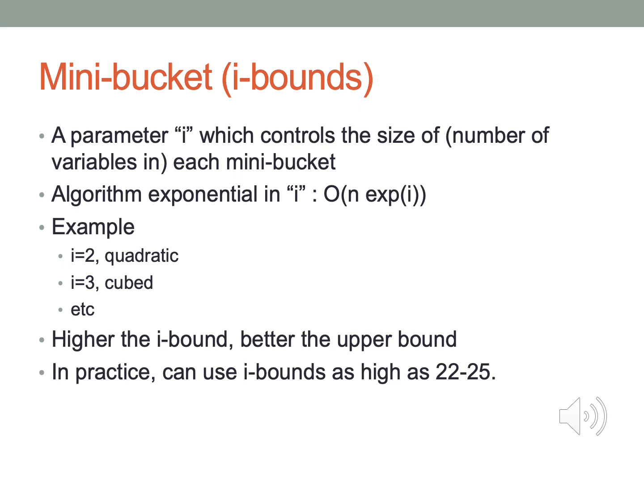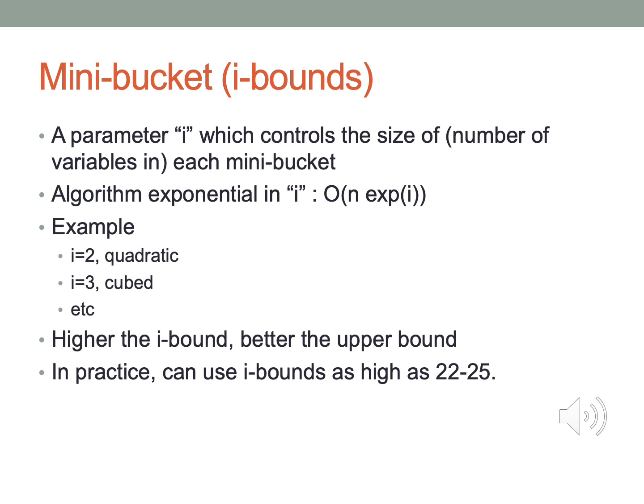And i-bounds will help us achieve this objective of obtaining higher quality upper bounds in the following way. Typically, we observe, and actually this can also be proved, that if the i-bound is higher, then the upper bound is better.